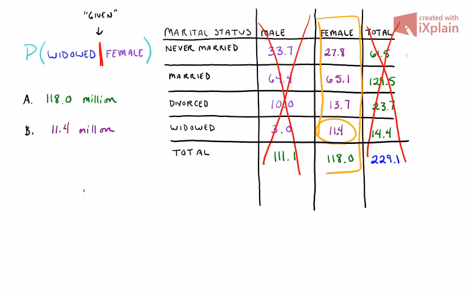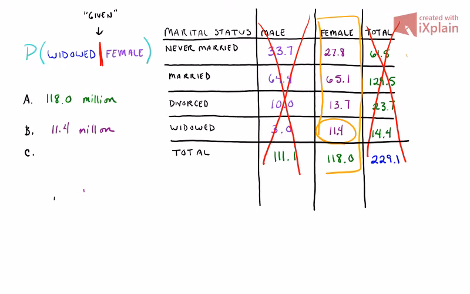Okay, so from here, for part C, they're saying what proportion of the female adult population of the U.S. is widowed?